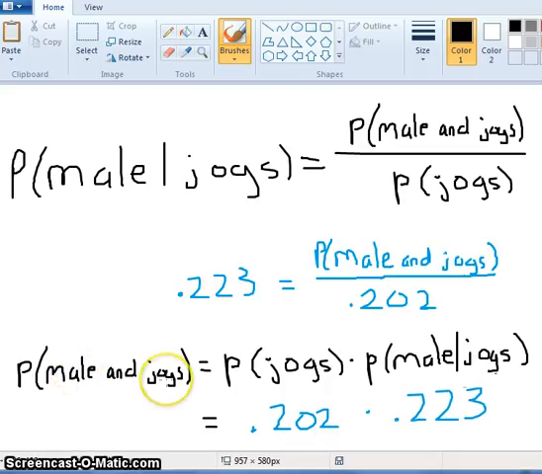But we're not told these are independent, so we're going to use just the probability that they jog, which we're given in the problem, and then use conditional probability for the other piece, which we're also given, the probability that they're male, given that they jog, and multiply those 2 things together. You're basically doing the same math you did up here. It's just looking at it from a different perspective.